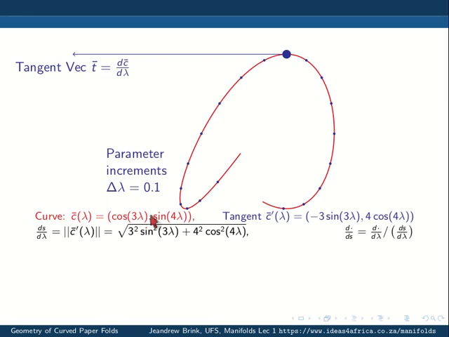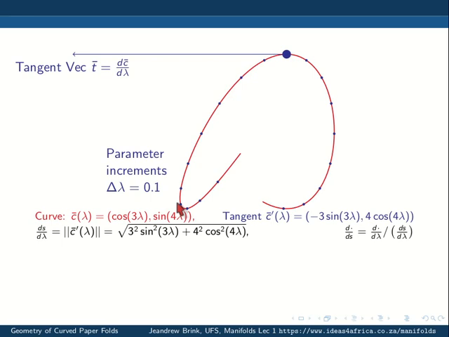Then when I want to work with unit vectors, I use this trick for the derivative with respect to S, and I just know that implicitly lambda is a function of S. If you were working in S and did this integral, you could make intervals that are arc length long, but I don't.